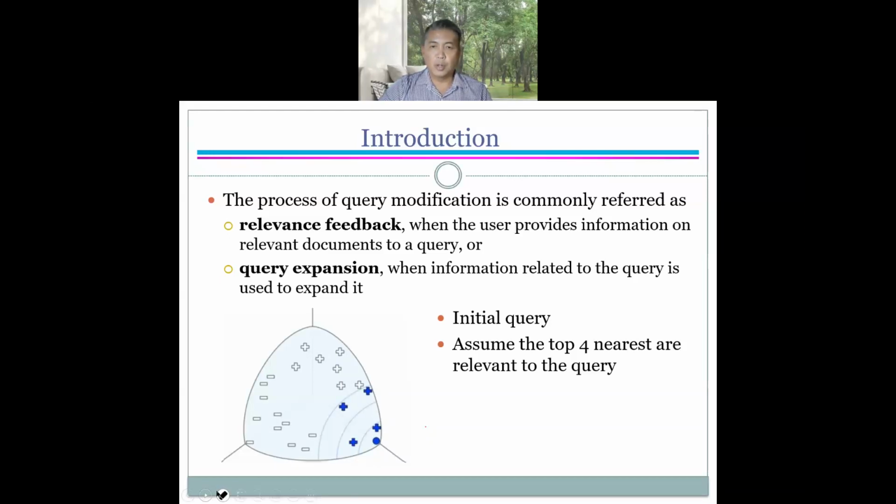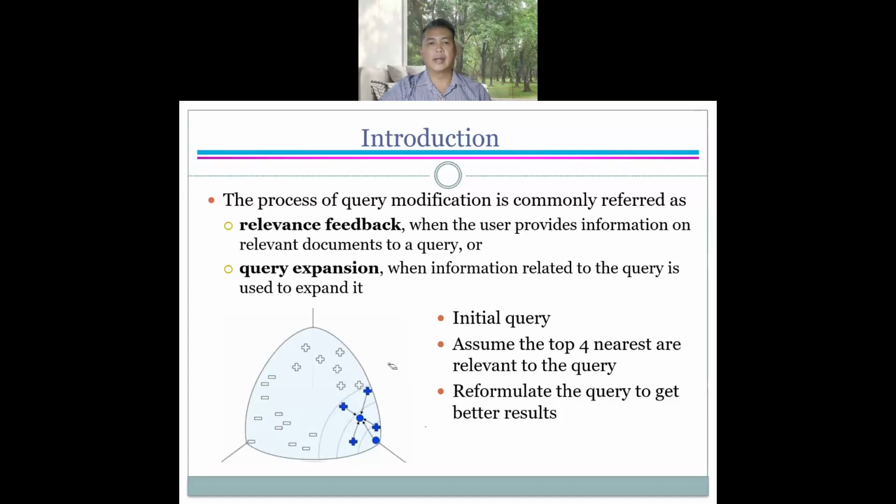When we look at the top four nearest, we assume that these four are the nearest neighbors, but when we really check, we only have three positive and one negative. But we assume that these four are all relevant with respect to your query. So what we want to do is reformulate the query so that we get a better result and move in that direction.